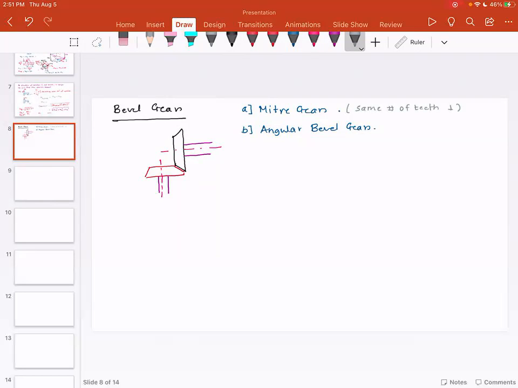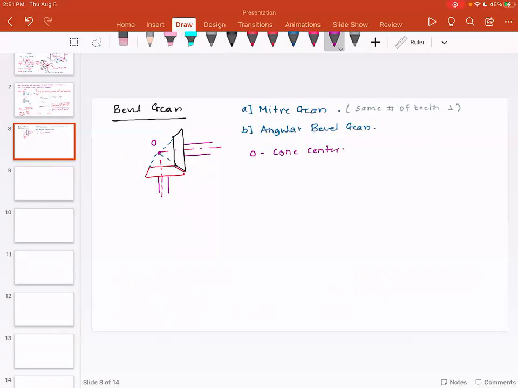And you can have crown bevel gears, you can have internal bevel gears. Some of the important properties and nomenclature: if you think about the bevel gears, they are like part of a cone. So if I were to extend the bevel gear, you will notice that they intersect at this point O. And this point O is called the cone center.